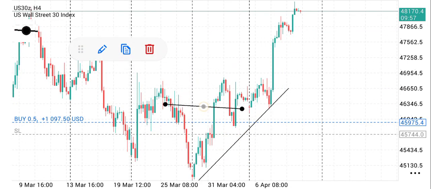You see the market was in a downtrend, and then when the market broke above this level, it created a market structure shift, and then it continued an uptrend, creating higher high, higher low, higher high, higher low, showing that the market is in a complete uptrend.